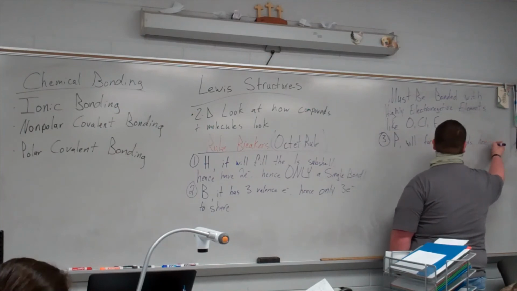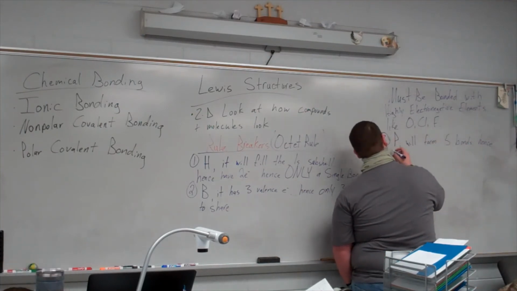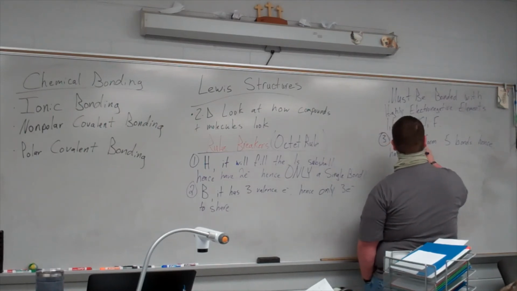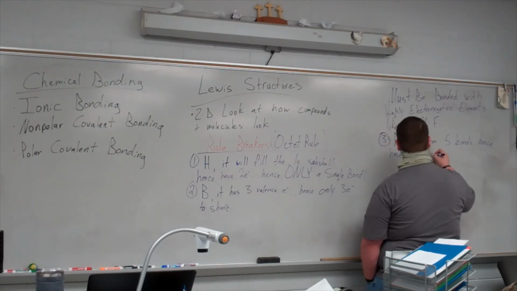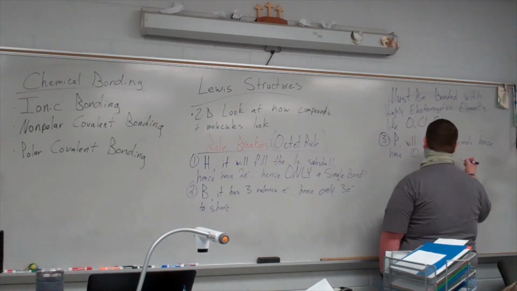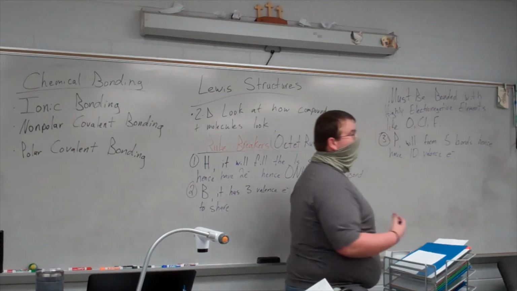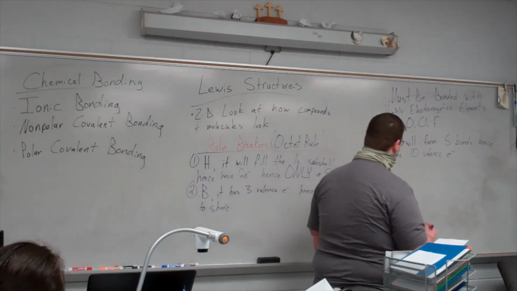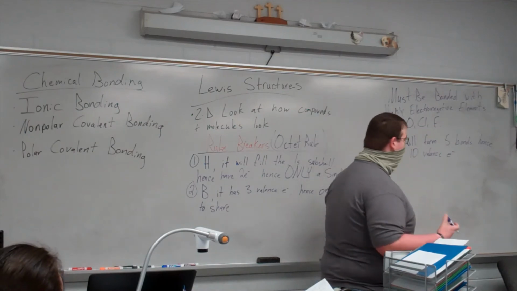Hence, have 10 valence electrons. So phosphorus can have up to 10 valence electrons. They will form 5 bonds.